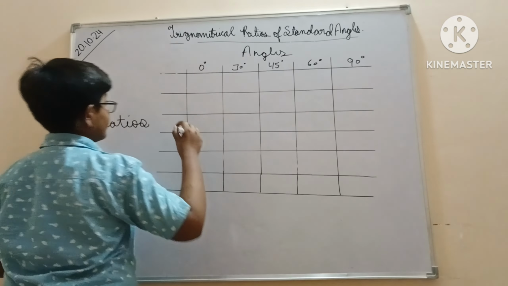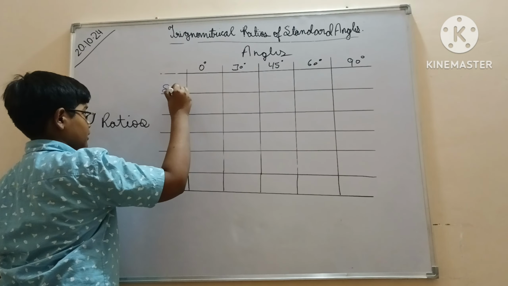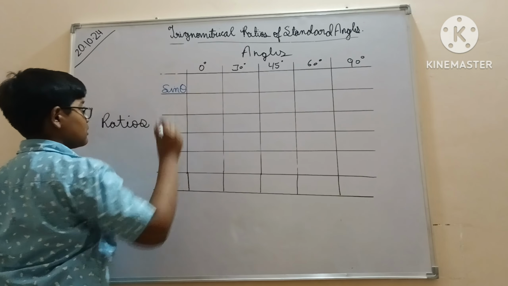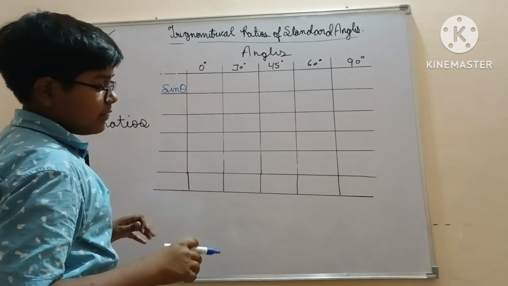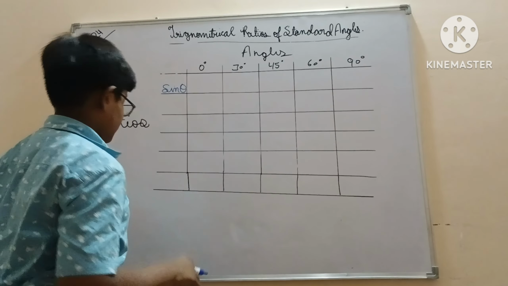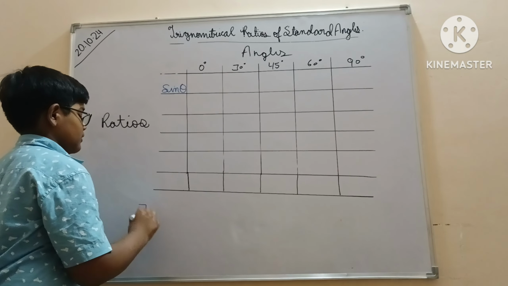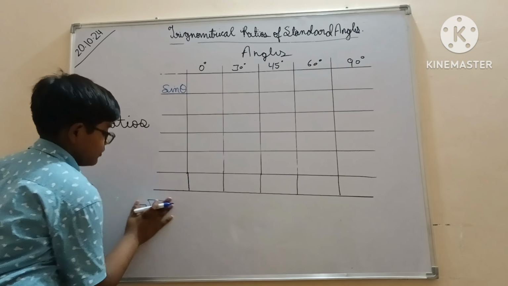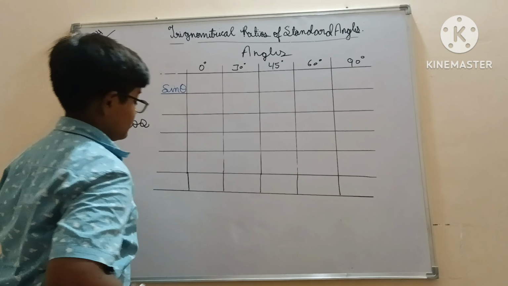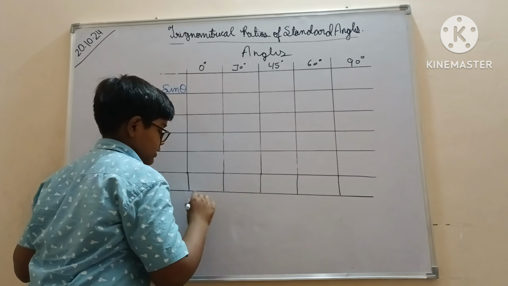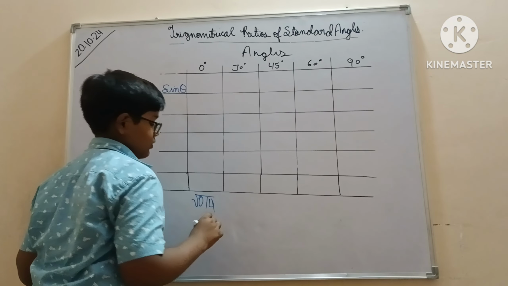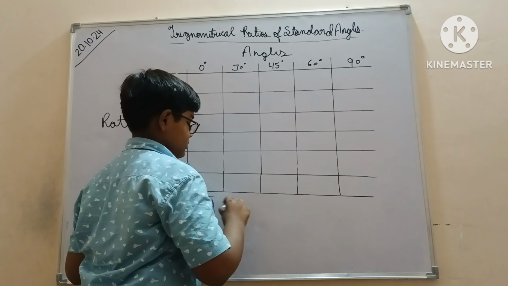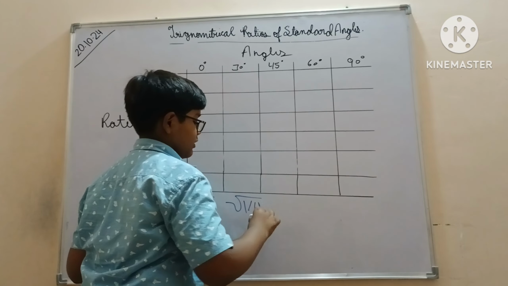Our first trigonometrical ratio will be sine theta. There are five important fractions which will help us find the value of sine theta. First is root 0 divided by 4. Second is root 1 divided by 4.